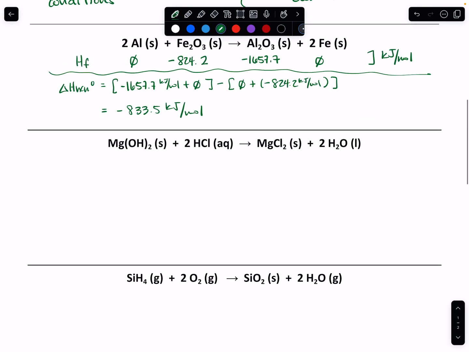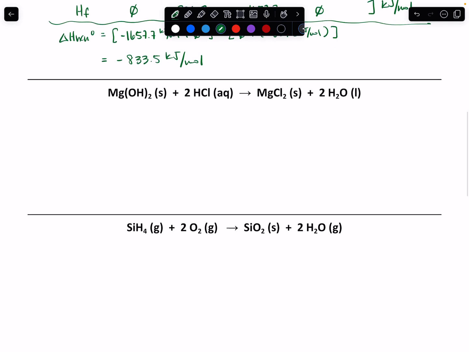So here we have magnesium hydroxide plus hydrochloric acid forms magnesium chloride plus water. All right, so let's again start with our heats of formation. I go look for magnesium hydroxide solid, and I find its heat of formation is negative 924.7. And again, the units here are kilojoules per mole.